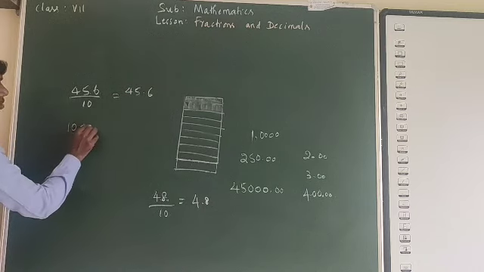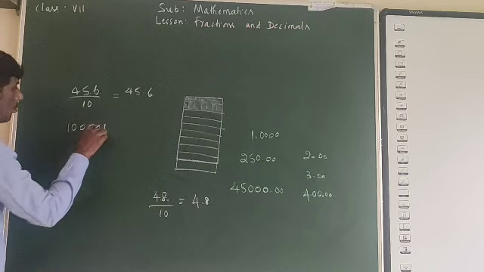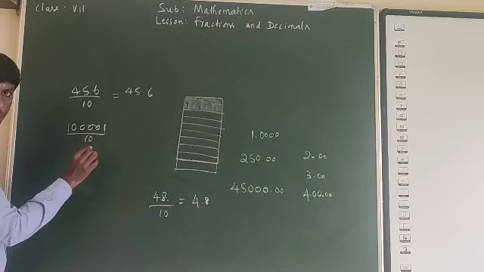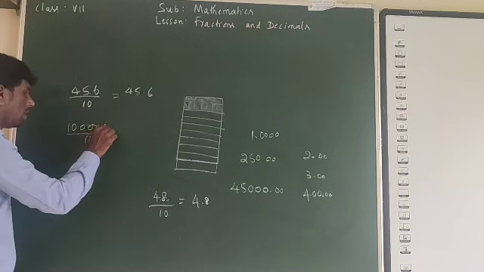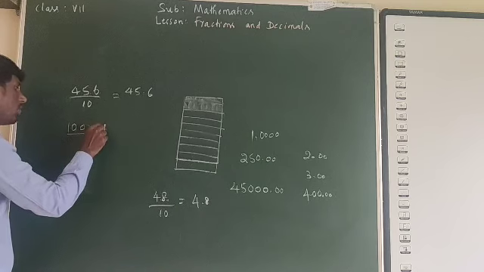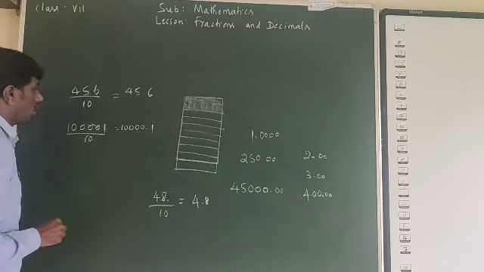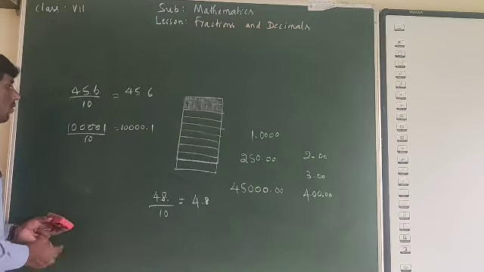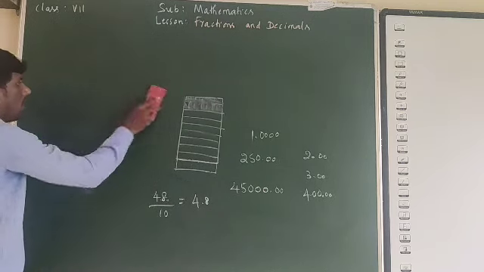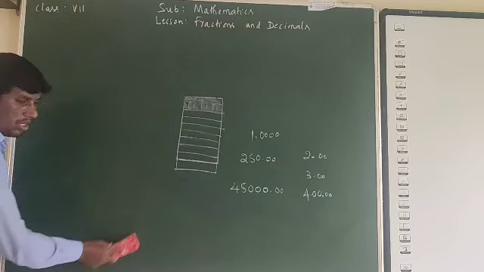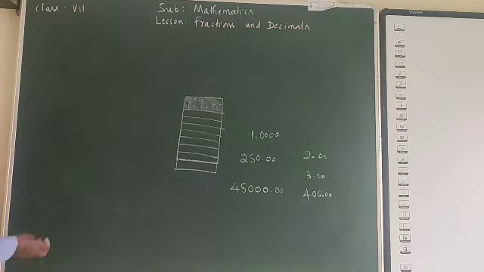Right? So 10,001 divided by 10. By default, the decimal point is here, and I am dividing by 10. So it becomes 10,000.1. Correct? So that depends on the denominators. Now 1 by 10 is done.